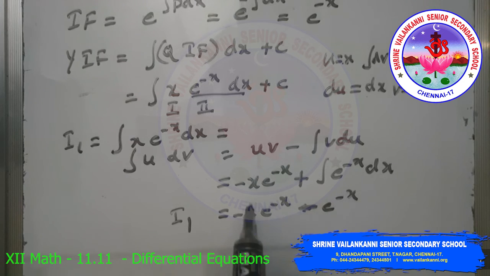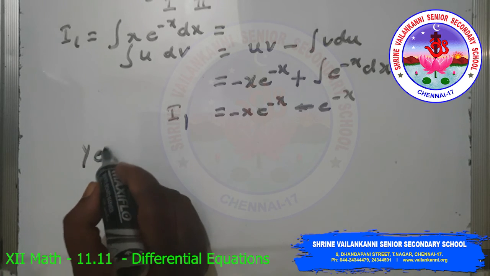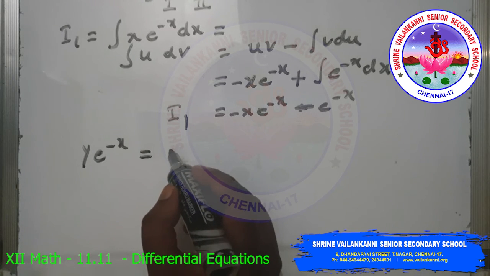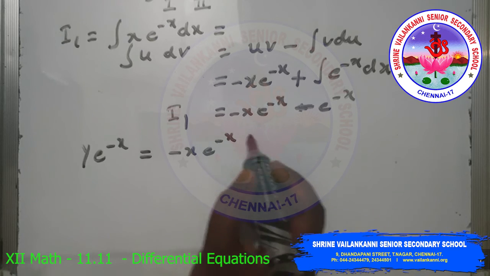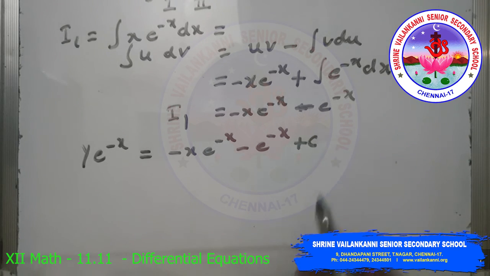Then substituting this I1 here, y into e power minus x is equal to minus x into e power minus x minus e power minus x plus c. Substitute the value of x and y. The equation of a curve passing through the origin.